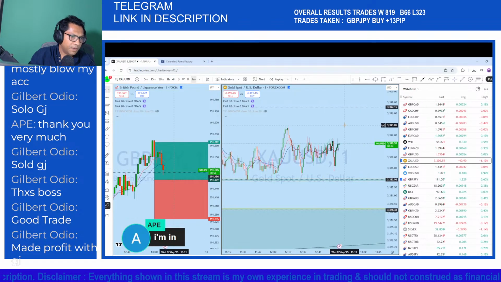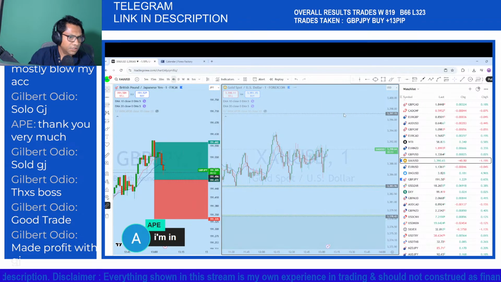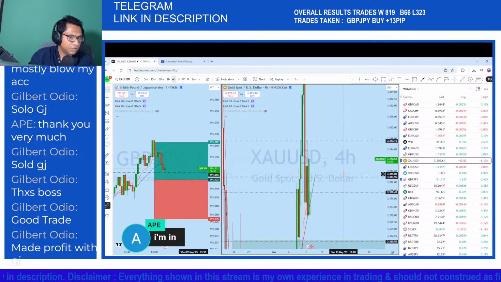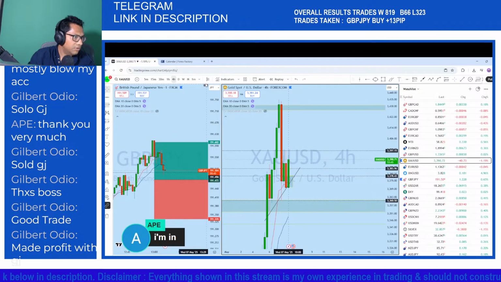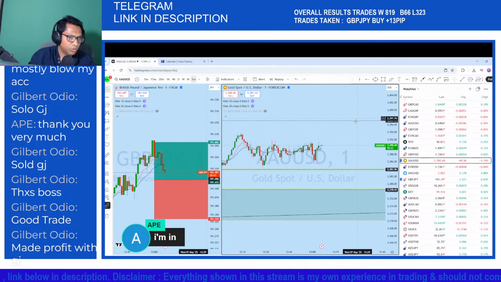It's trying to pick up a bullish move in this area because it's in fact a bullish market, so it will definitely try to move back in the bullish direction.